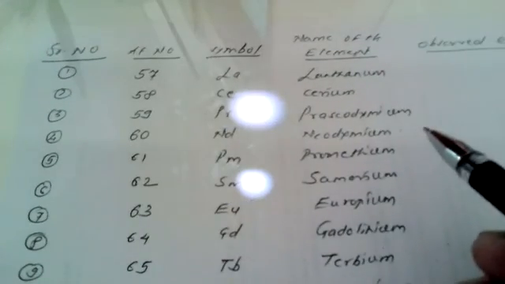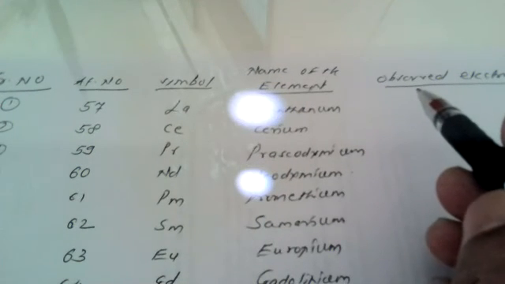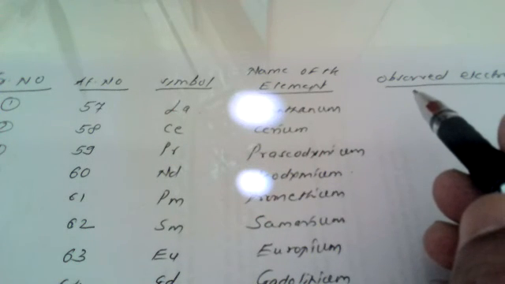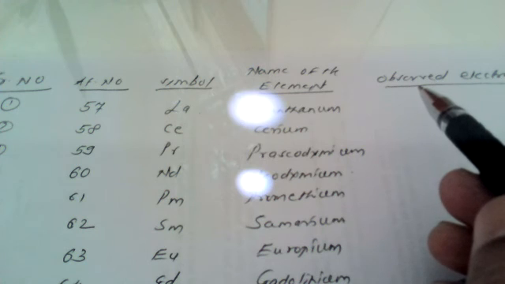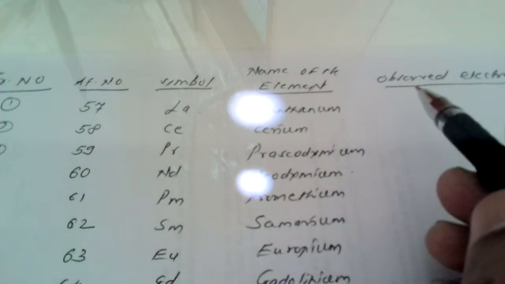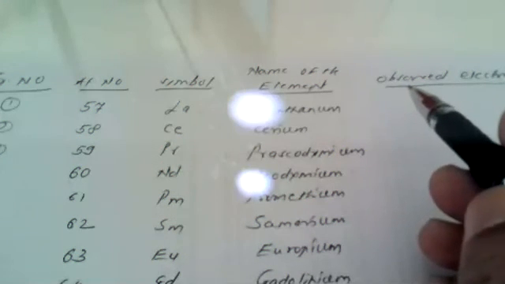If you are perfect, then it is very easy to write the observed electronic configuration, because sometimes an MCQ type question may be asked where you will be given the name of the element and 4 options for the observed electronic configuration. These 4 options are very close to each other and hence are confusing.